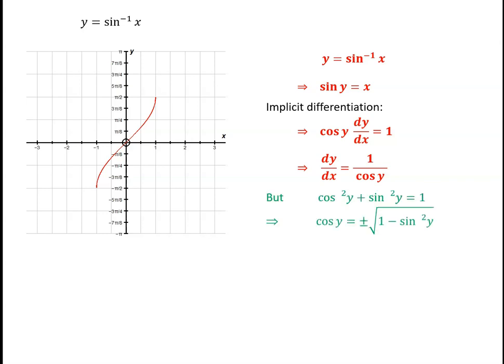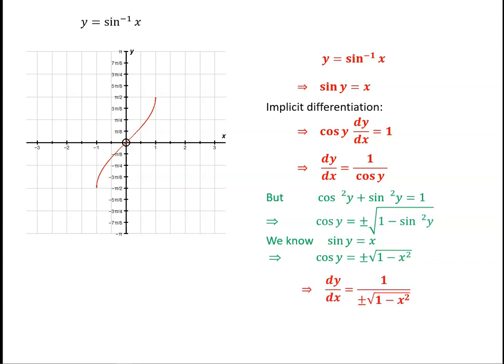We do know that cos squared y plus sine squared y is equal to 1. So that tells me that cos y is plus or minus the square root of 1 minus sine squared y. But sine y is x. So we can say that cos y is plus or minus the square root of 1 minus x squared. So we've got dy by dx is 1 over plus or minus the square root of 1 minus x squared.